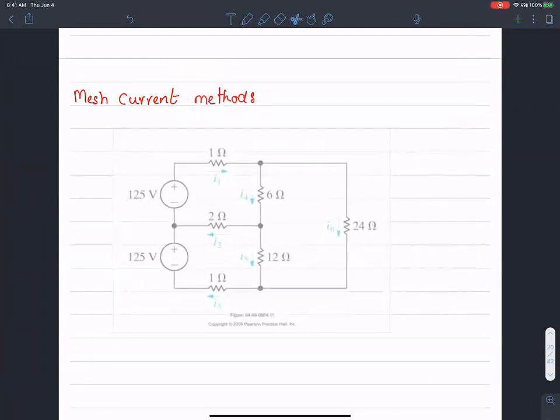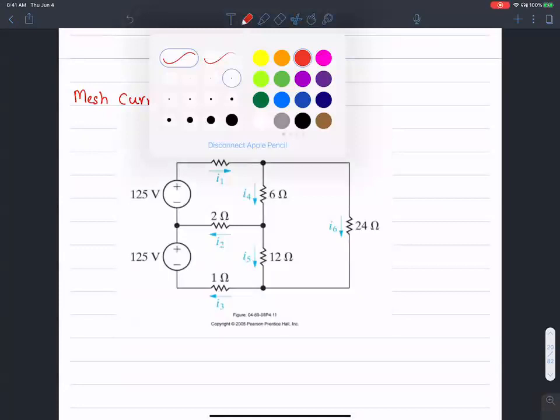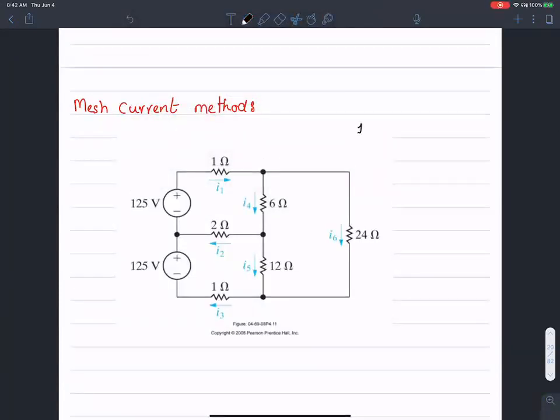So what I want you to do is to take about 5 minutes to start working on this problem, and apply the mesh current method. The first step is to identify the independent meshes, all the meshes. The next step is to identify the mesh currents, IA, IB, and IC.